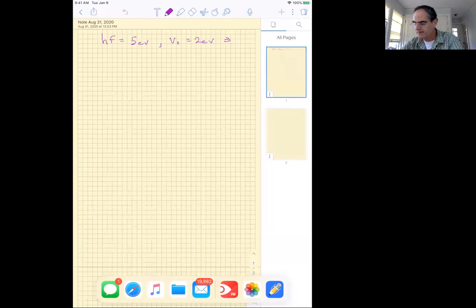From these two pieces of data, we should be able to work out what the work function is. Okay? In the actual experiment, you have many points, and you combine them to make a plot, which you fit to get the work function and h over e. But this is just an example. Okay? So we can do this because we know that the stopping voltage is related to these quantities.